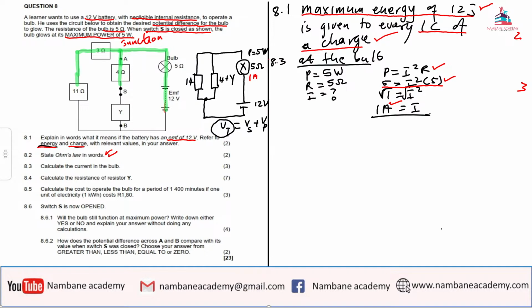So that is the only reason why we cannot use 12 there, because we have two combinations, series and parallel. So for us to know what the total is, we need to combine the potential difference across resistors in parallel and the resistors in series.